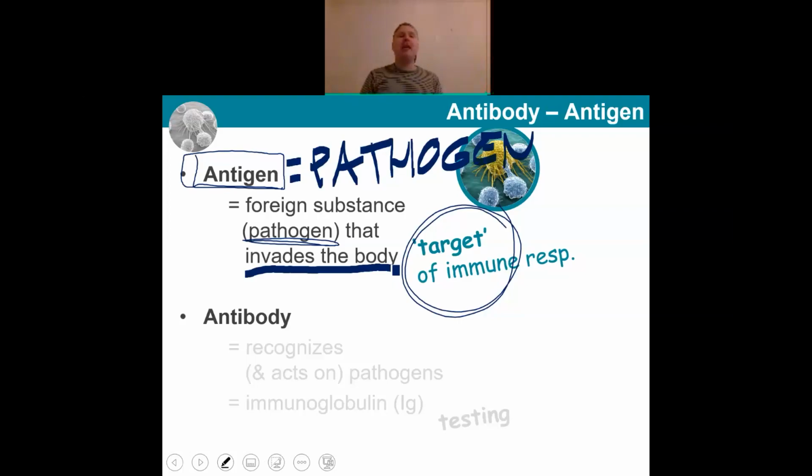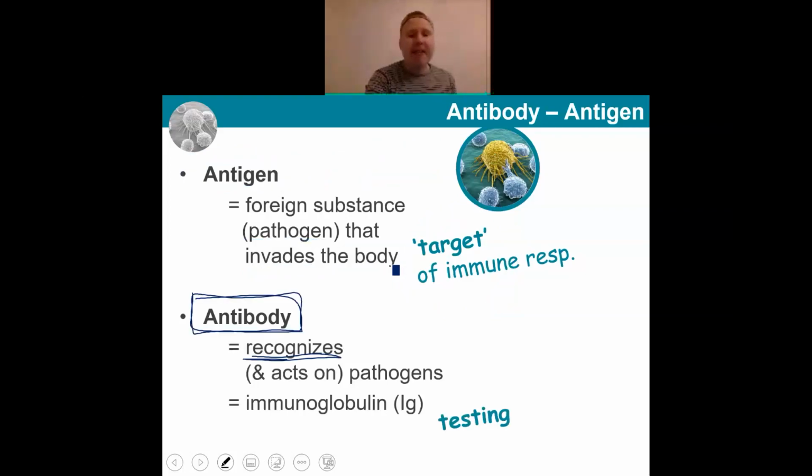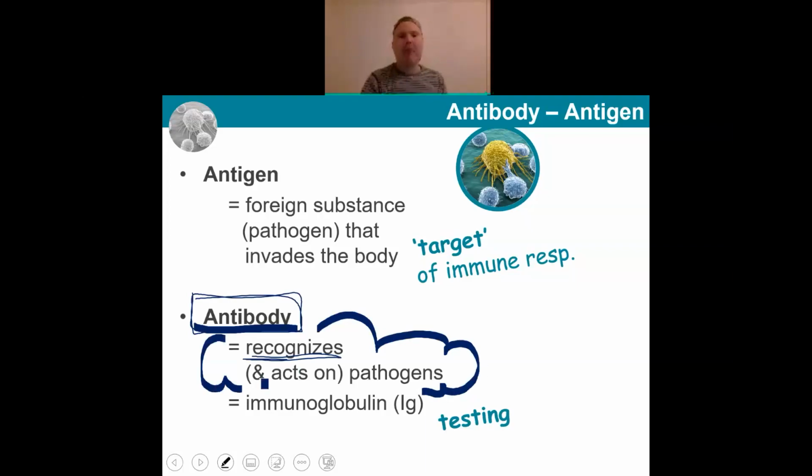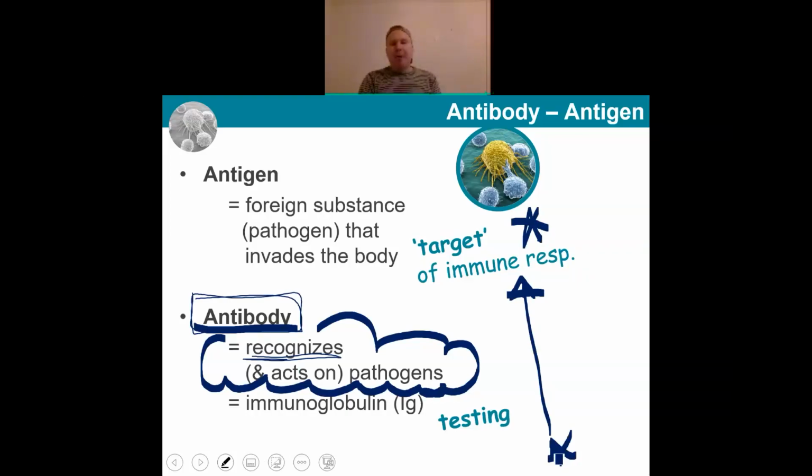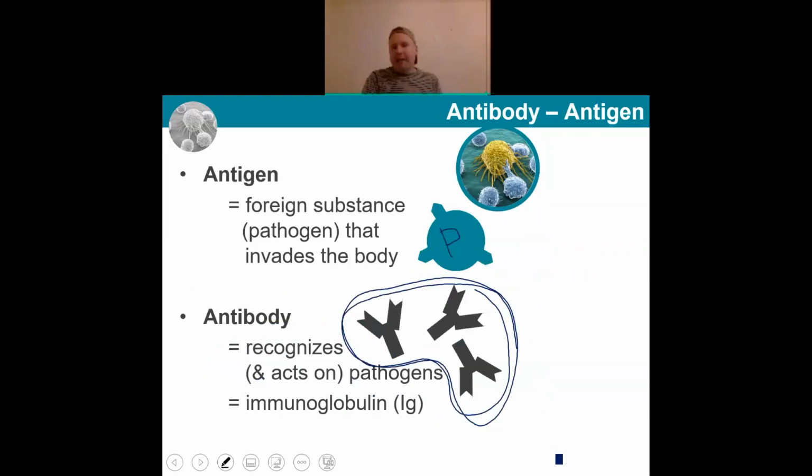Well, how we deal with antigens is that we use antibodies. These antibodies are things that attack, recognize, and then act on these pathogens. So if we have a pathogen that shouldn't be in your body, and your immune system recognizes it, it's also able to deal with it. So it is the antibodies that attack these antigens. So those are two important terms.